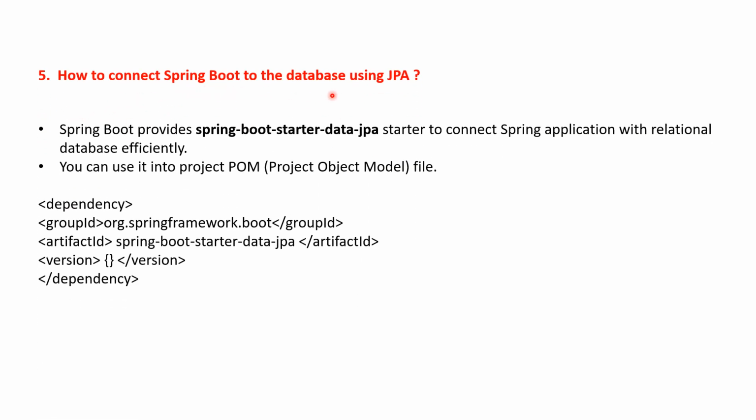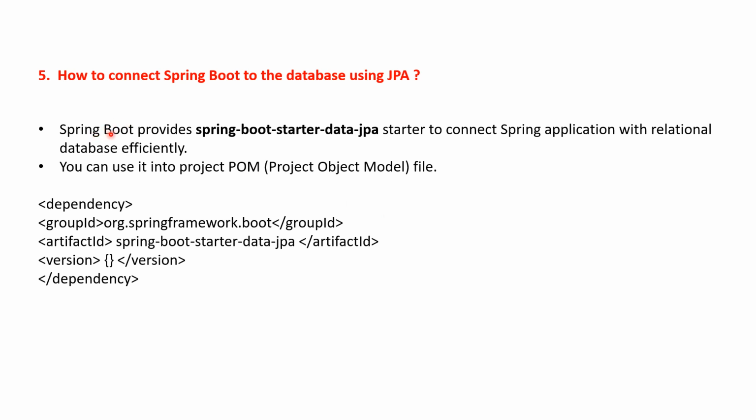how to connect Spring Boot to the database using JPA. In a Spring Boot application, as I told previously, we need to add the corresponding dependency in the POM file of the application.